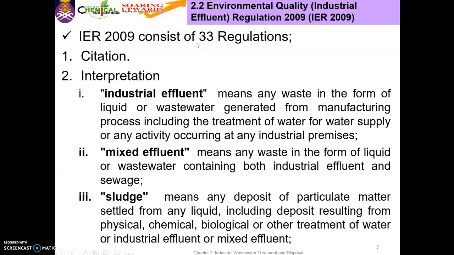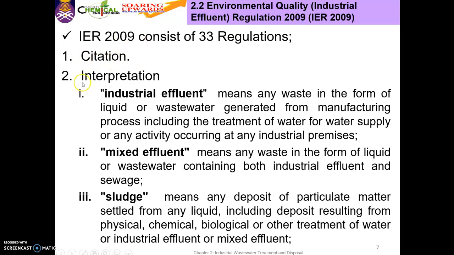There are 33 regulations under Industrial Effluent Regulation 2009. Okay, the first one is citation. What is citation? So citation means IER 2009. This is the short form. So you must know the full meaning of IER 2009, which is Industrial Effluent Regulation 2009.